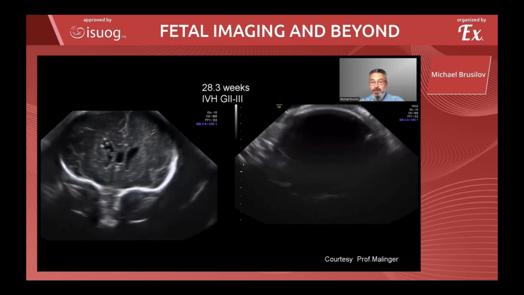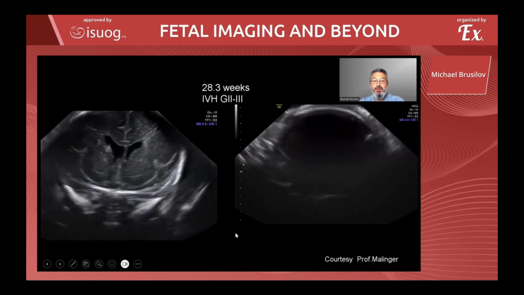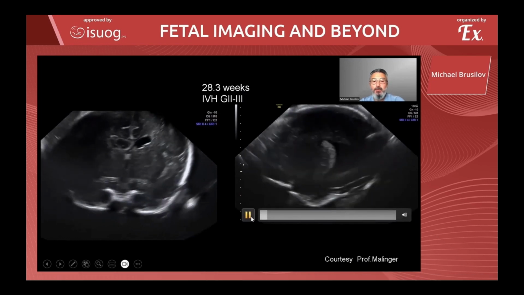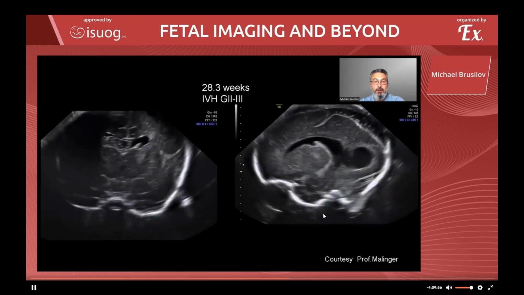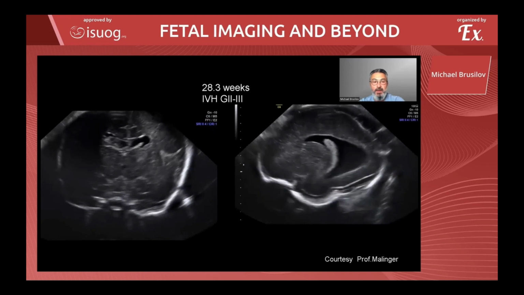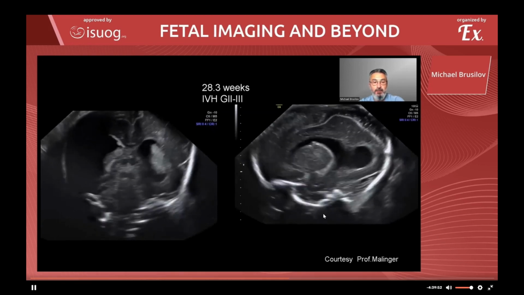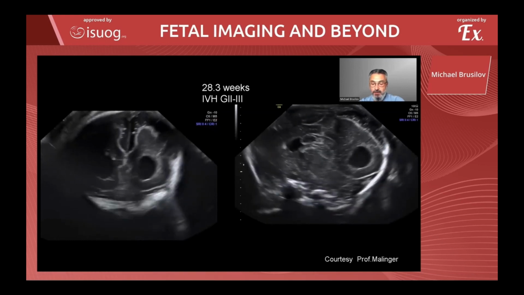28 weeks of the pregnancy, IVH grade 2 and 3, with the clots in the lateral ventricles and lateral ventricle dilatations.